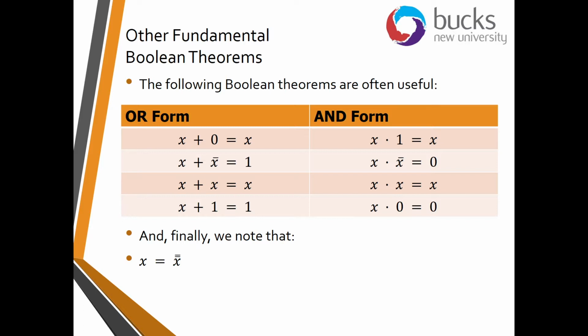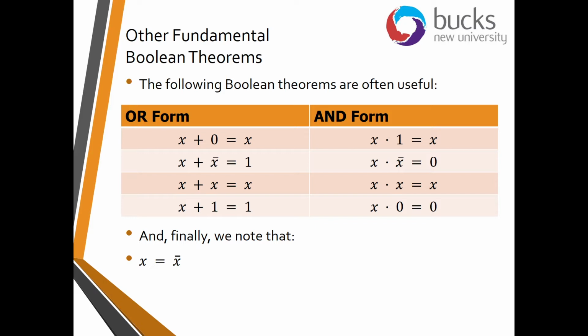So not not X equals X. If you invert X and then invert it again, you basically come back with X. That is a little bit of a swimmer in terms of your head, but it is logically true, and it may help us later on. If we end up with a situation where we have not not X, we can just replace it with X.